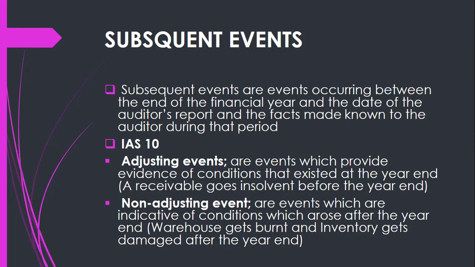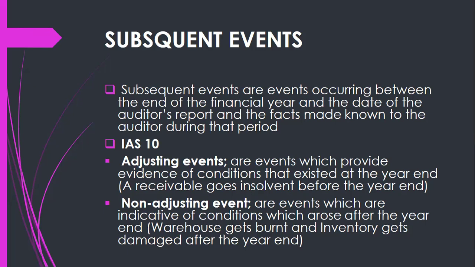So adjusting events, these are events which are evident, like they've happened. So for instance, we've got receivables of 1 million. Then out of that 1 million, we've got a company that owes us, say, 200,000. And our year end is on the 31st, right?